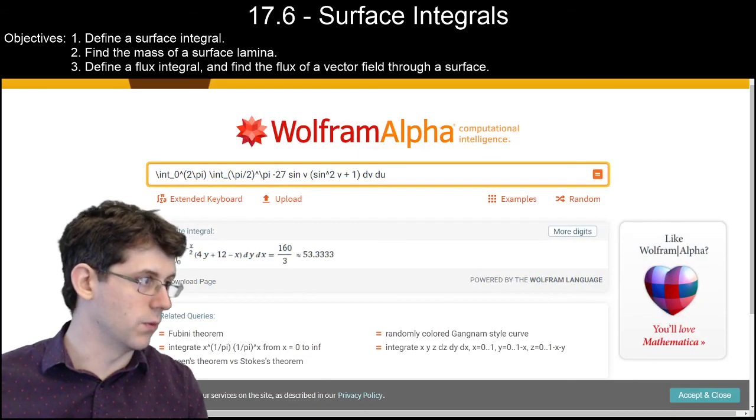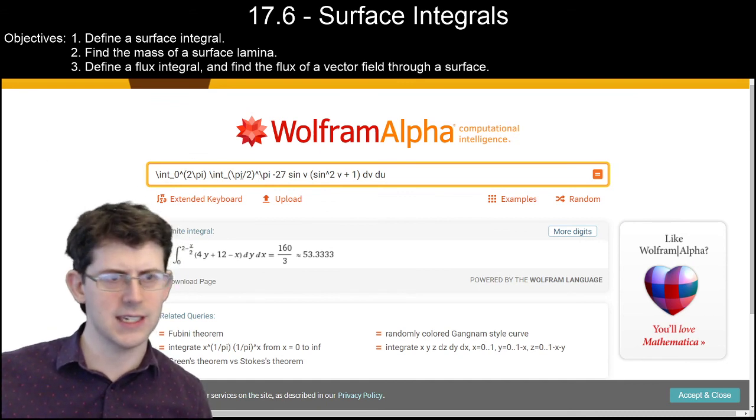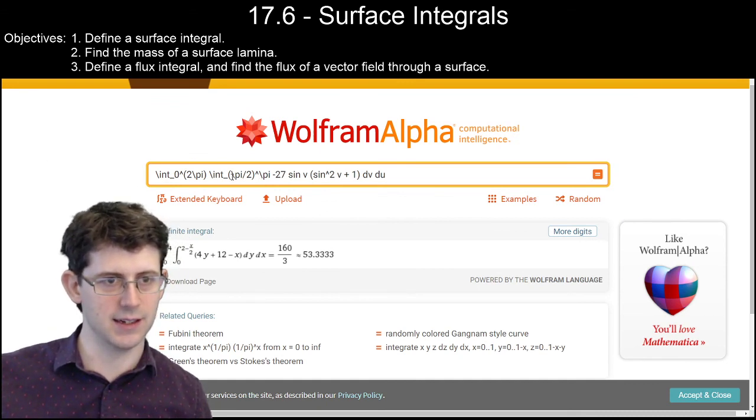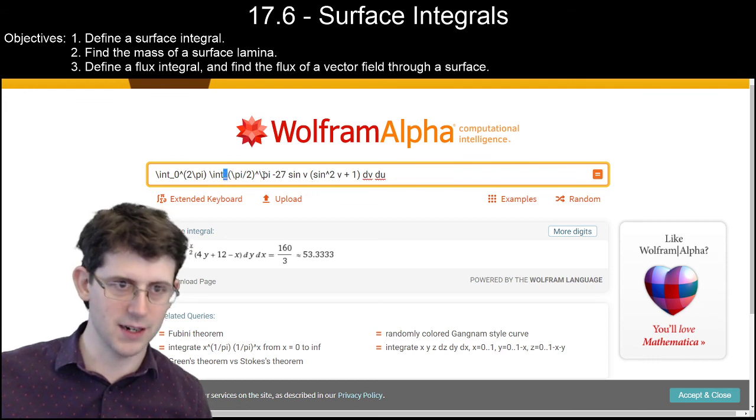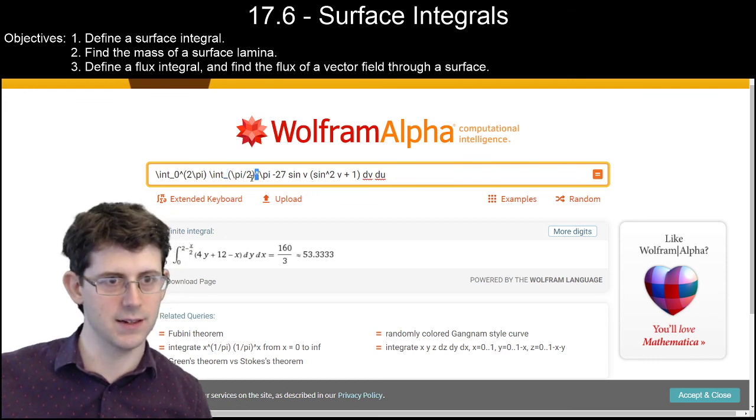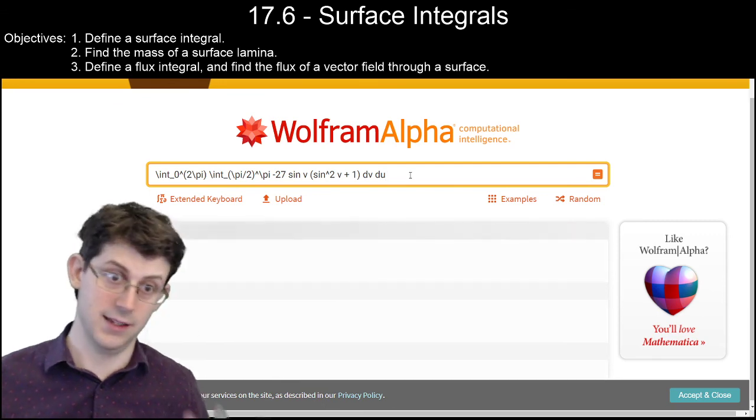So I've just written the whole thing down. If you need to say pi to Wolfram Alpha, it's slash pi. Subscripts are underscores, superscripts are carets. And this will just give us some answer.